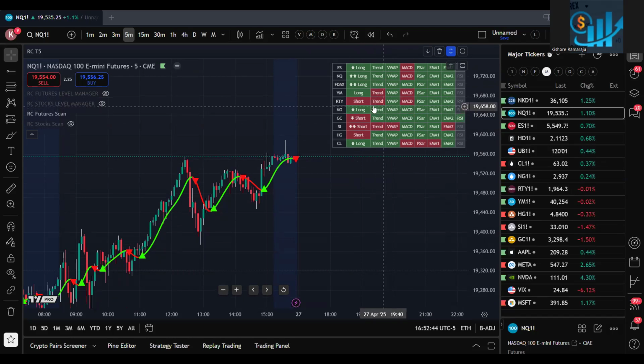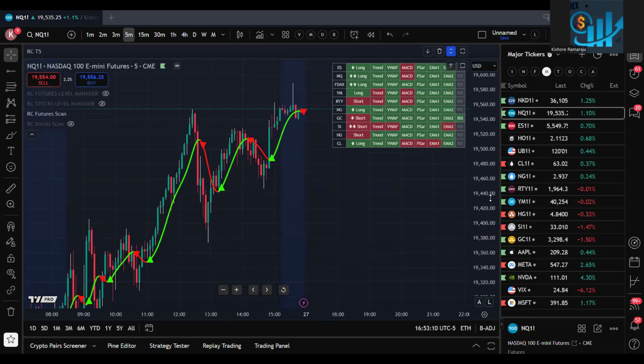Because now there are like 10 different alerts telling that natural gas is looking good for a long position. Your trend alert, VWAP alert, MACD, PSAR, EMA1, EMA2, everything is telling price can go up. GC, even though it is at the bottom of the base area, your RSI is bullish, your EMAs are good, PSAR is good, everything is looking green.